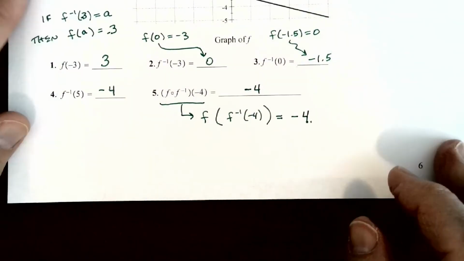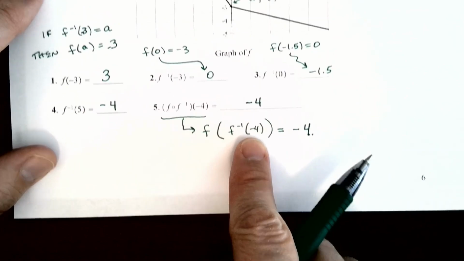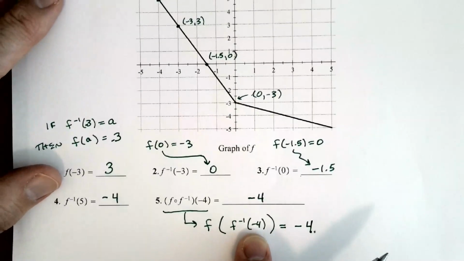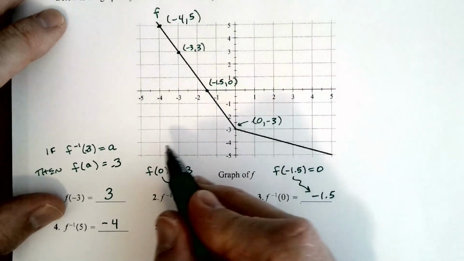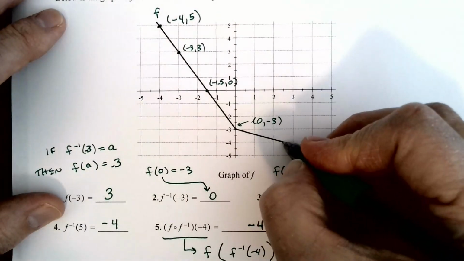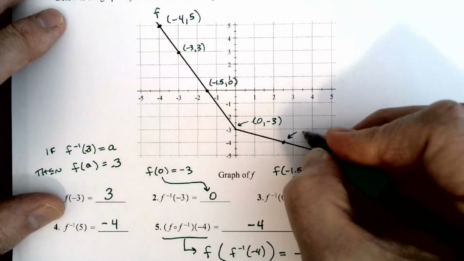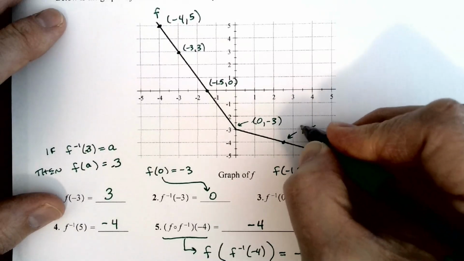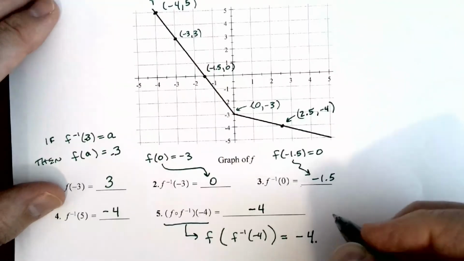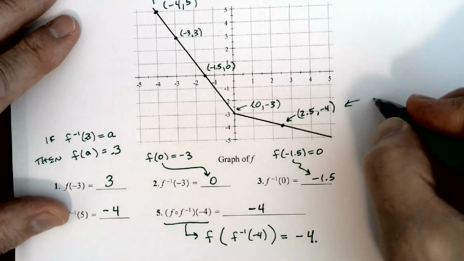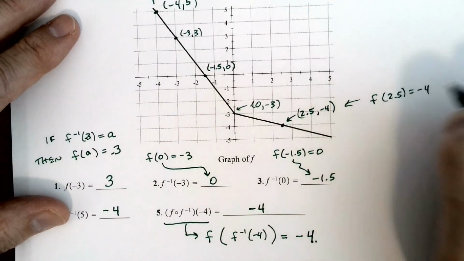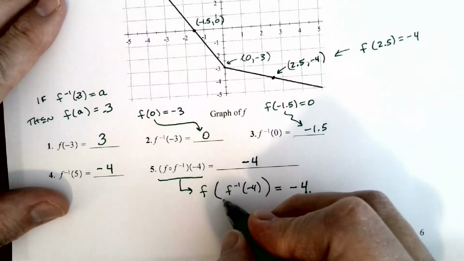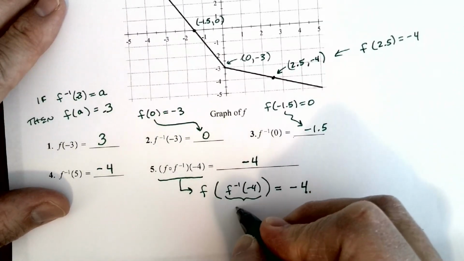But to check, let's just see, when is f inverse equal to negative 4? Well, remember what we're looking for. When is the output of the function f equal to negative 4? Where does that occur? Right about here, which is the point 2.5 about, comma negative 4. And so you'll notice f of 2.5 equals negative 4. And that means f inverse of negative 4 is equal to 2.5.